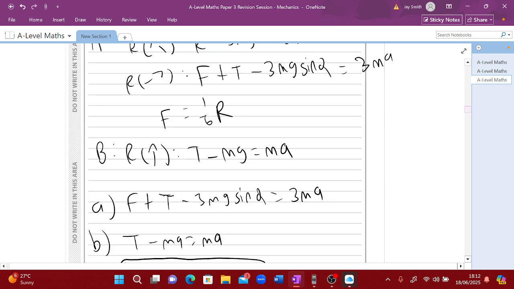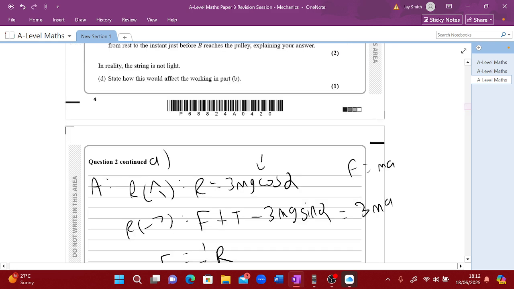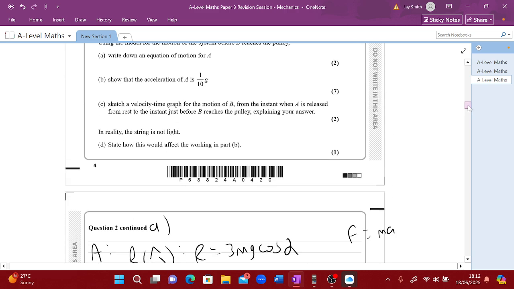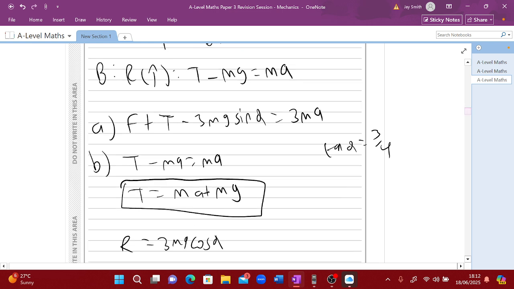Then I'll notice F is a sixth R, but I also know that R is up here. R is 3mg cos alpha. Now, cos alpha we can actually evaluate because we know that tan alpha is 3/4. So what we can do is construct a triangle with alpha, a right angle, alpha there.